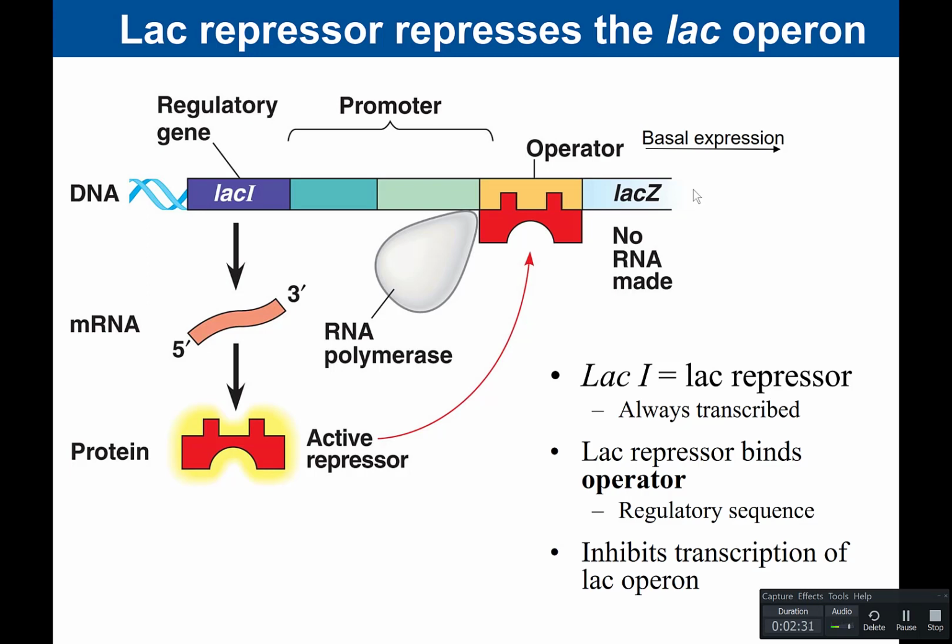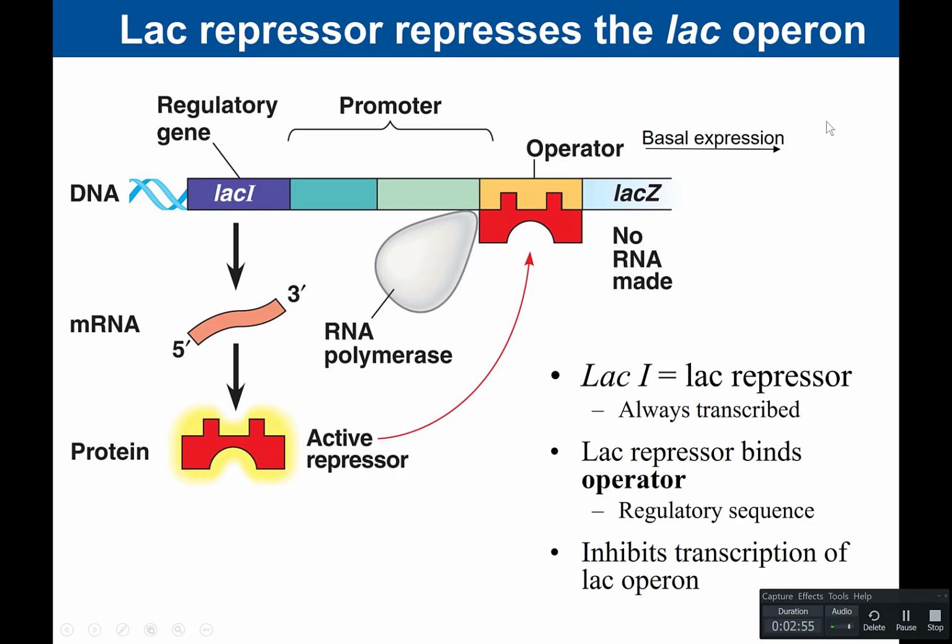The answer is no, it doesn't turn it off completely, because this binding of the repressor to the operator is reversible, meaning it binds and then it comes off, and then it binds and it comes off. Sometimes RNA polymerase does get to the promoter and does turn on expression of those genes. And so what you see here is it says basal expression.